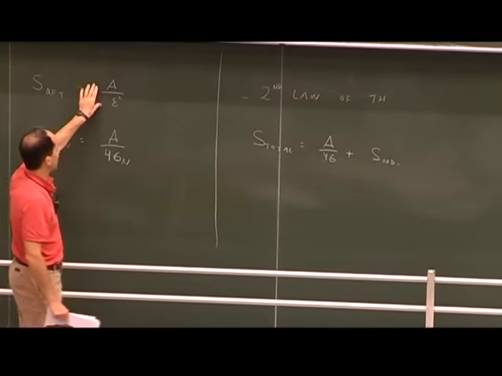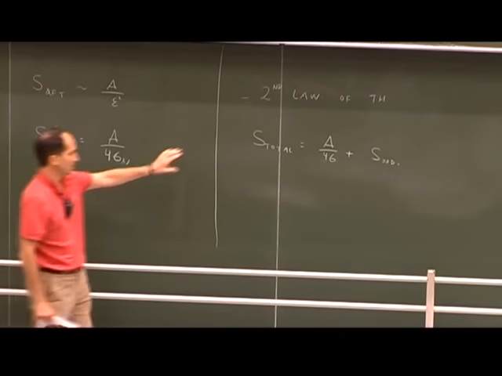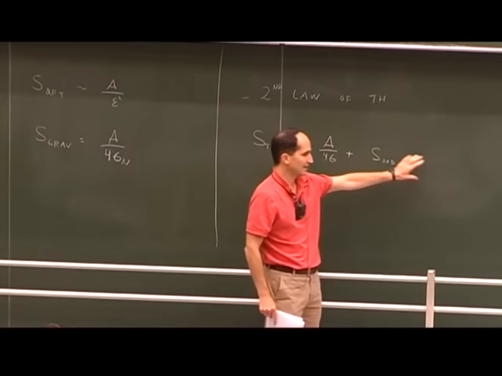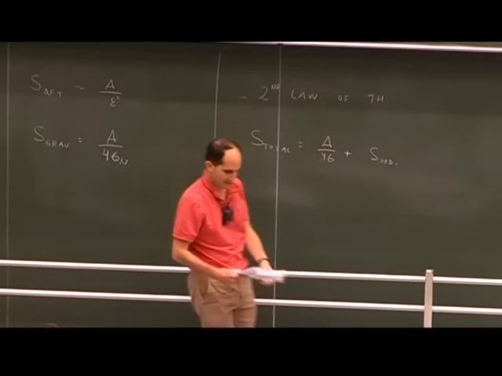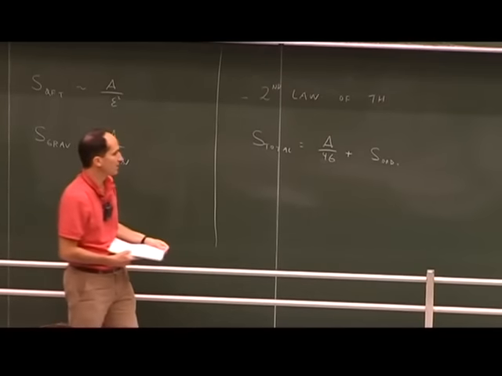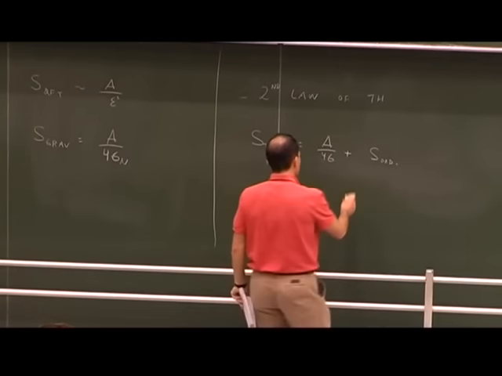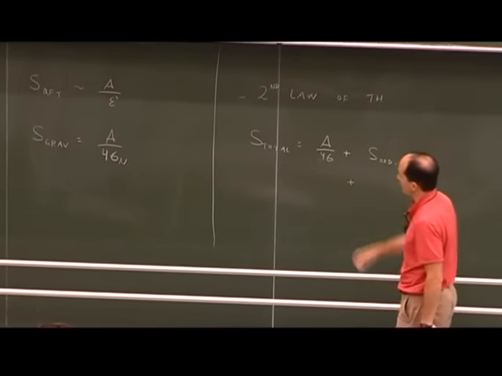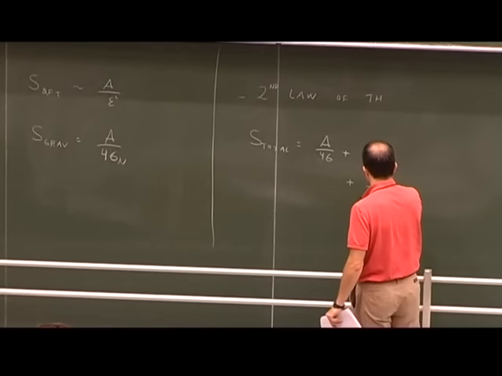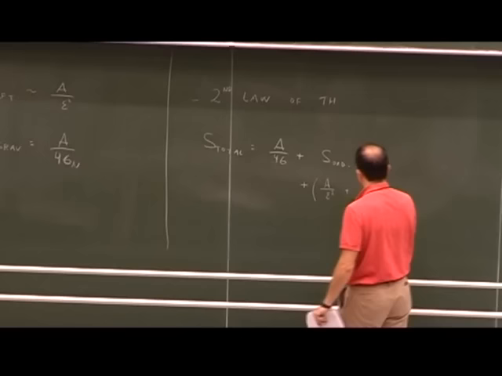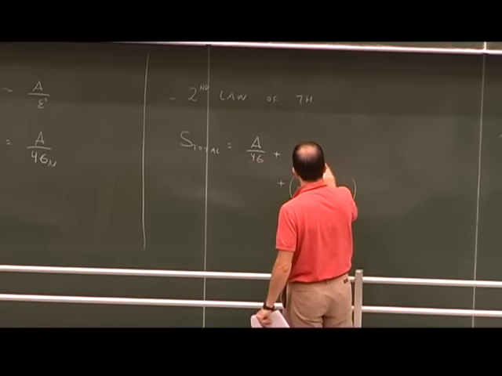But when we want to make sense of this in the semi-classical theory, we have the classical answer plus the order 1 answer we get in quantum mechanics. So in principle, we are supposed to add that infinite piece. We get here another piece which goes like area over epsilon. All this includes the so-called entanglement entropy outside.